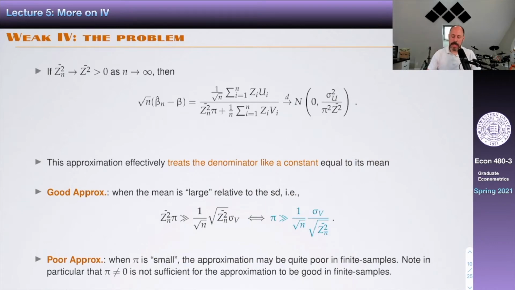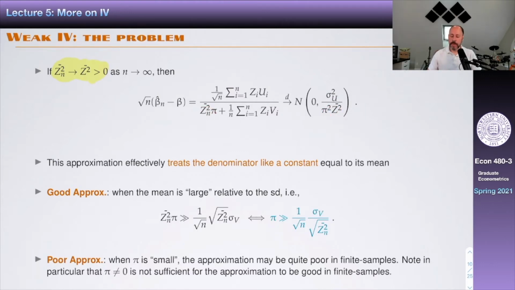So assume for a second now that this average that we're having converges to some number. Let's call it c bar squared as n goes to infinity. Then you have that asymptotic normality will give us this result where this object that we had in the previous slide converges in distribution to a normal with mean 0 and variance equal to sigma squared u divided by this component that we have over here.